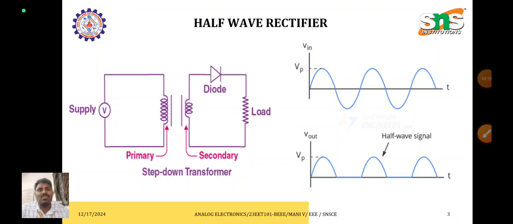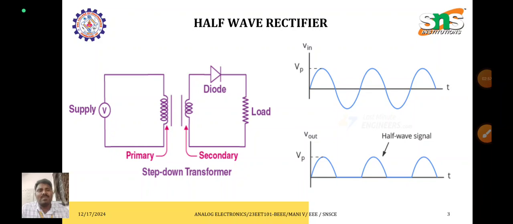So it starts with the positive terminal A, from terminal A to diode to load, and the load is again connected with terminal B, that is the negative. In this case, the current flows from anode to cathode in the diode, so the diode conducts. So we can get the positive half cycle output from 0 to pi and 2 pi to 3 pi, like that.